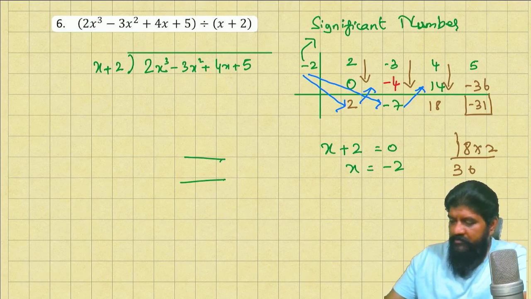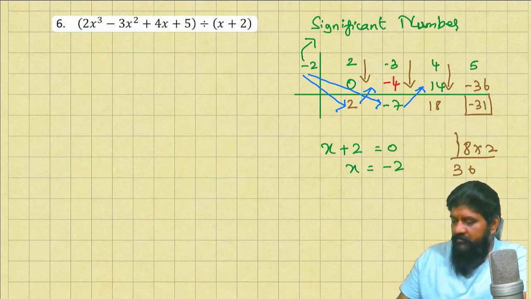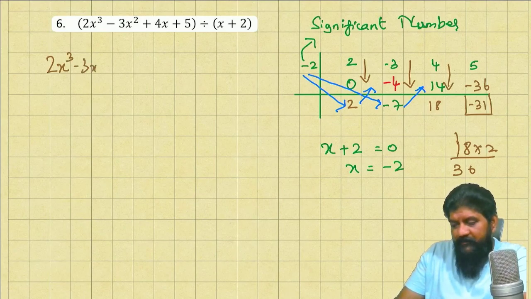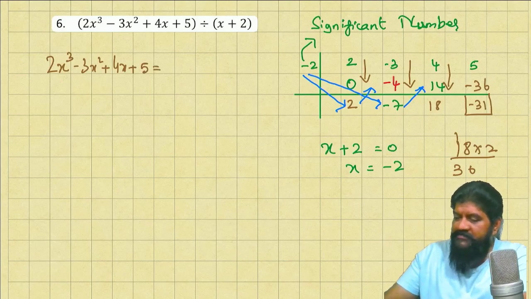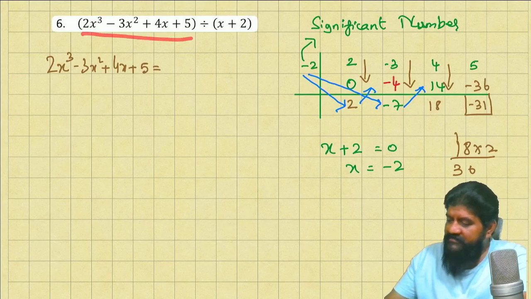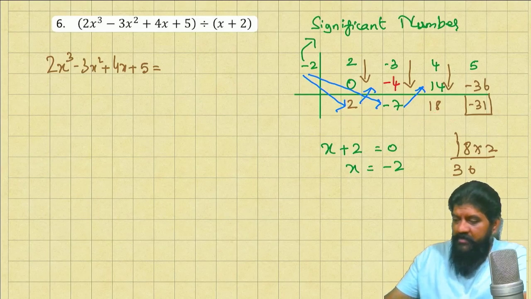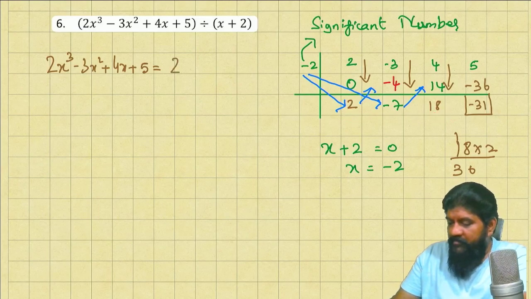So now I can write 2x cubed minus 3x squared plus 4x plus 5 as equal to, this is a cubic equation, and hence the numbers here are going to become the coefficients of a quadratic equation, which means this is going to become 2x squared minus 7x plus 18 minus 31 divided by x plus 2.